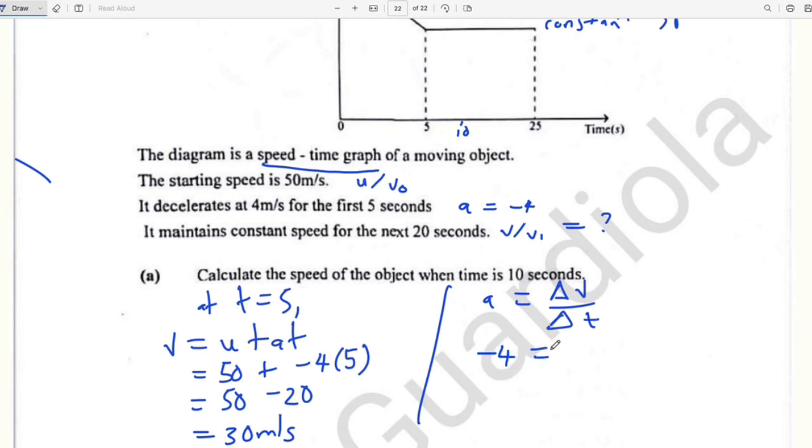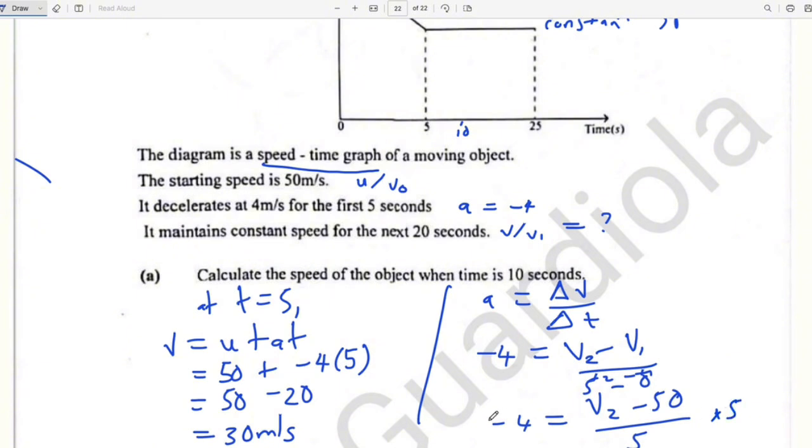So acceleration minus 4 is equal to the change in speed, v final, which is v2, minus initial velocity, which is u or v1, over final time t2 minus t1, which is 5 minus 0. Then v2 we do not know, that's the one we're calculating. V1 is equal to 50, then time 5 minus 0 is just 5. So minus 4 is equal to v2 minus 50 over 5. Then we multiply both sides by 5 to remove the fraction.